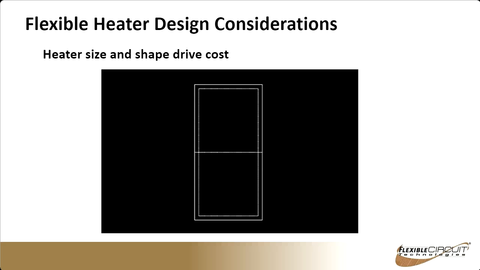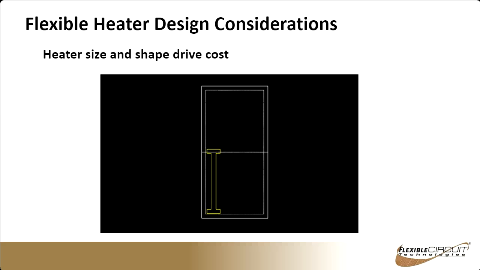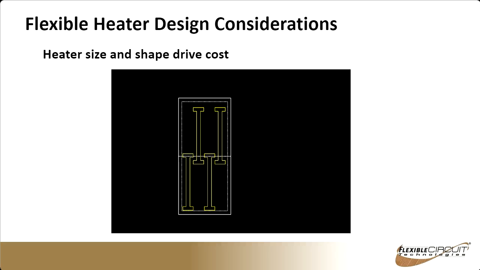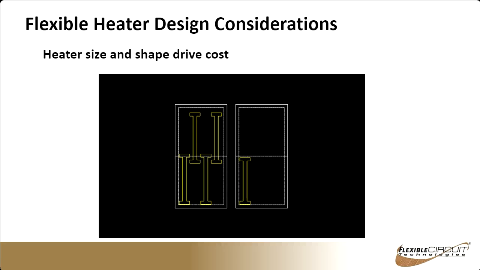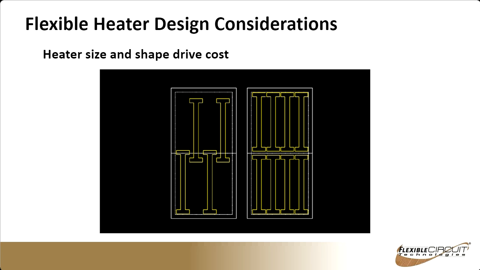So if I have a heater that I put on here and it's just slightly over the halfway mark, no matter how I panelize this, the best I'm going to be able to get is 4 parts per panel. Now, if I was able to shorten that by just a little bit, I can now get 8 parts per panel. When you look at those parts, they look nearly identical. The parts on the left will be twice the price of the parts on the right. So panel density is very important.